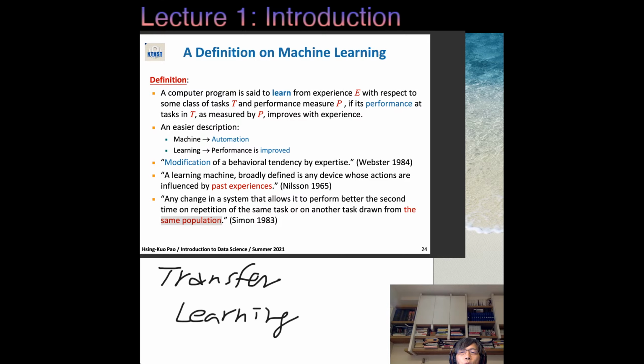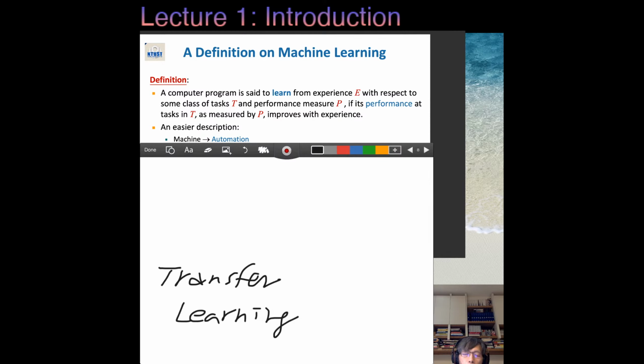Transfer learning means that we may have an old population of data, and the new data could be like this. There'll be some place where they share, or overlap with each other.